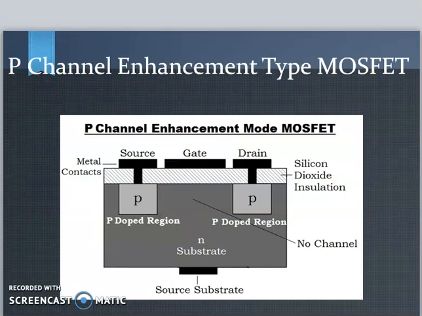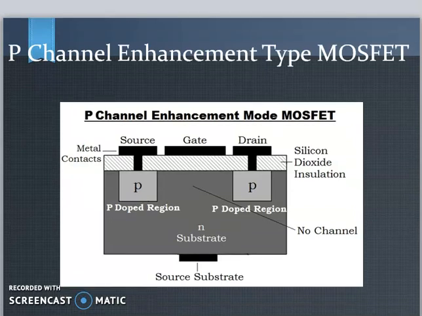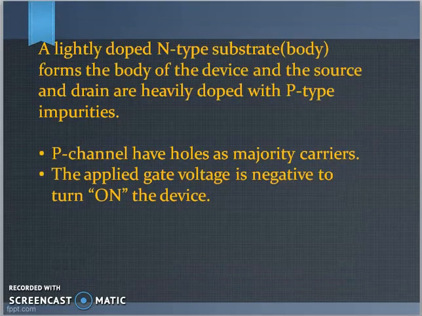Here the P channel, here you can see the body is of N type and the doping is of P type. So a lightly doped N type substrate body forms the body of the device, and the source and drain are heavily doped with P type impurities.